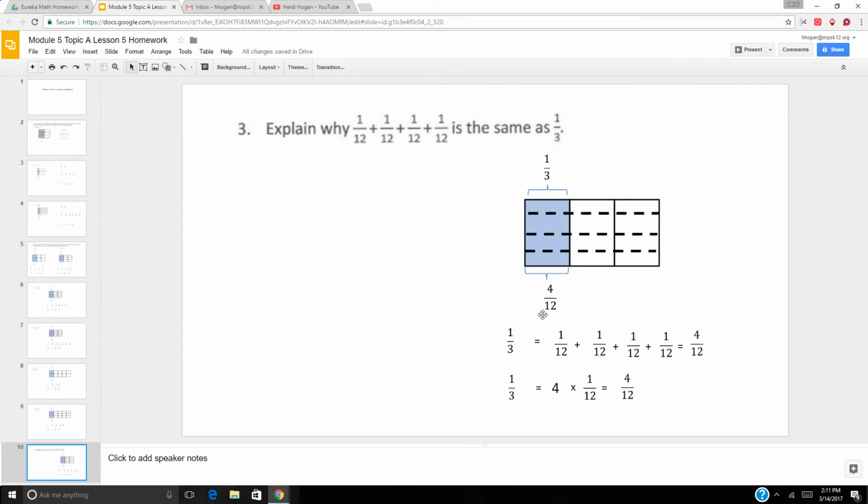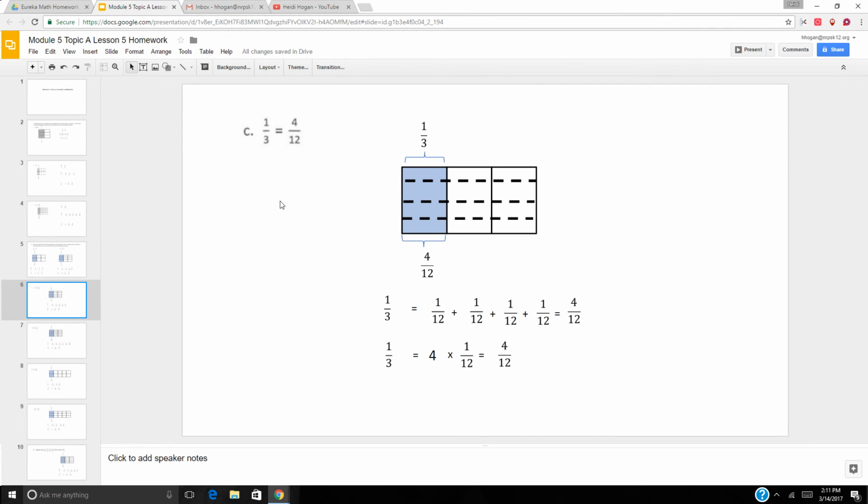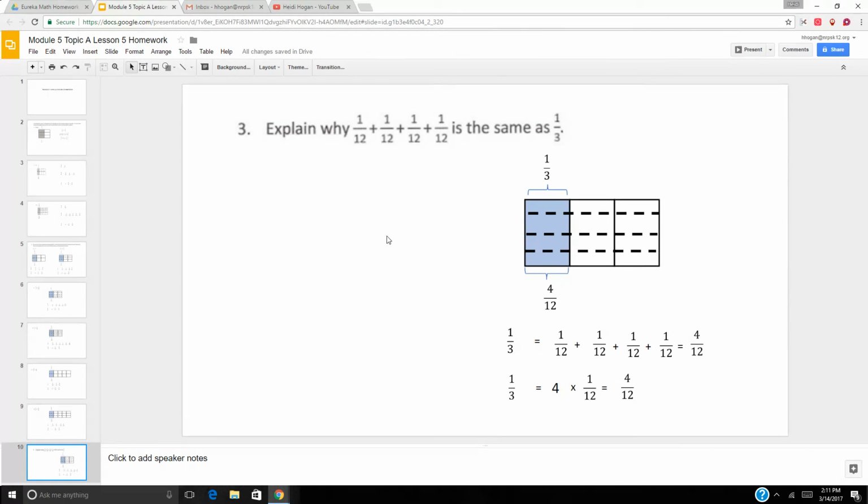So 1/3 equals 1/12 plus 1/12 plus 1/12 plus 1/12. So we actually proved it, which is, I believe, answer C. So it's the same exact tape diagram model and addition of unit fractions. So it's the same thing.